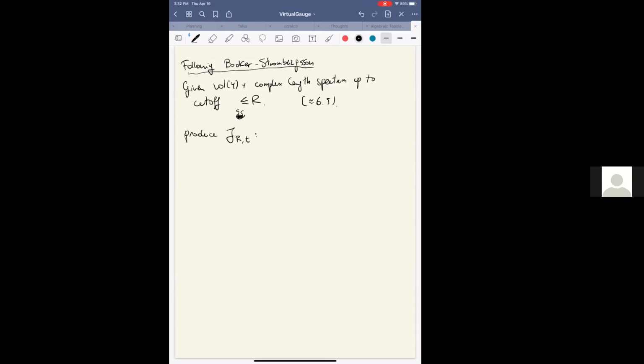This is a function from 0 to infinity to 0 to infinity, which has the key property that J_{R,T} is bigger or equal than the multiplicity of T squared as an eigenvalue.